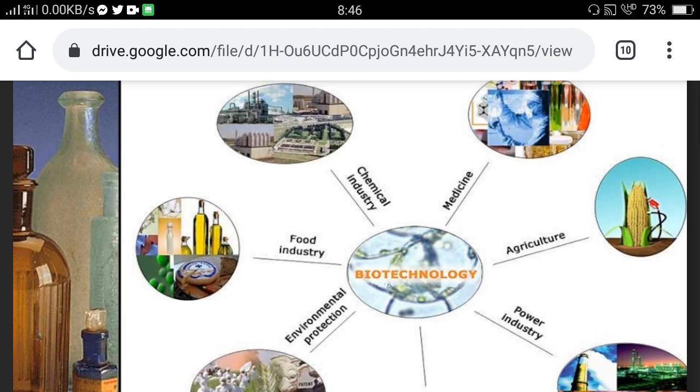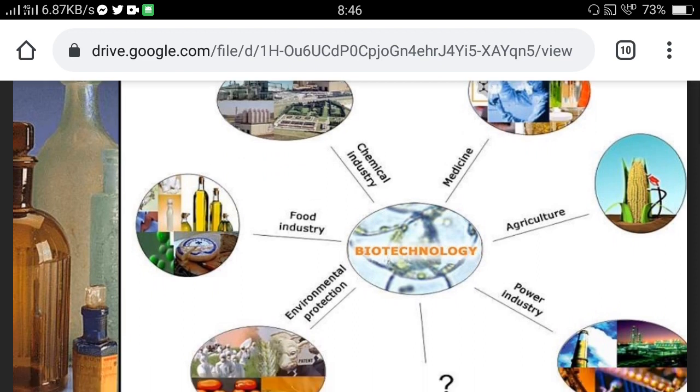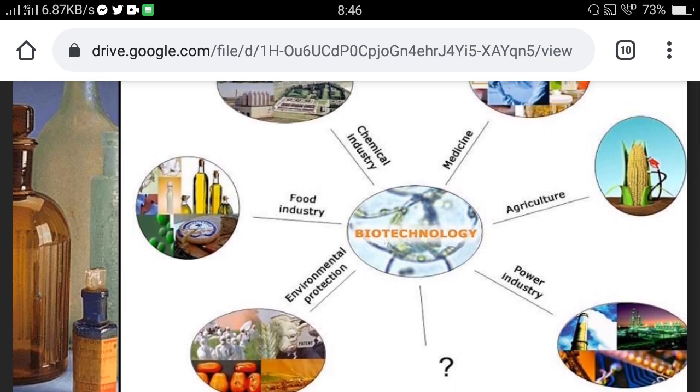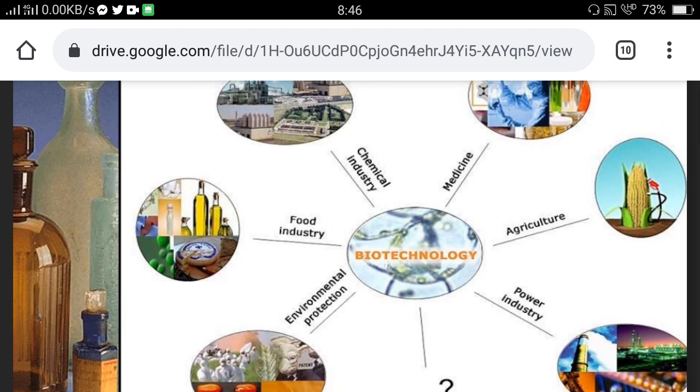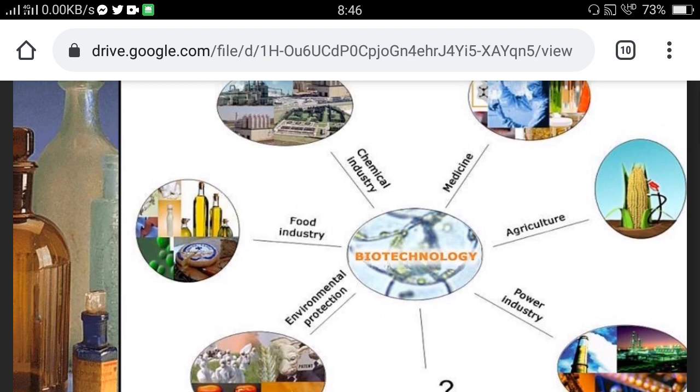In agriculture also there is a very big role of biotechnology. Then power industry, environmental protection, food industry, chemical industry. So we will discuss one by one the contribution of biotechnology, the application of biotechnology in our day-to-day life.